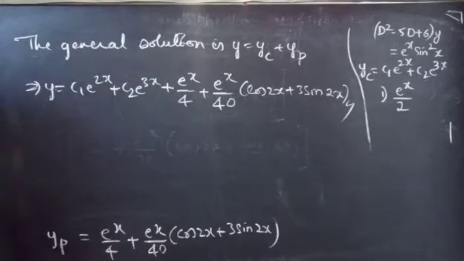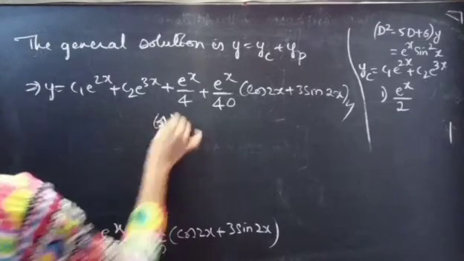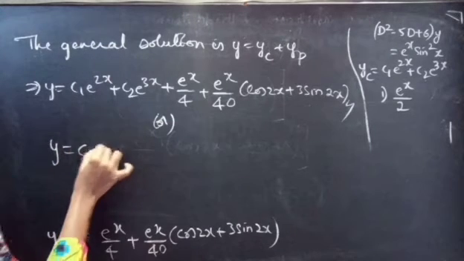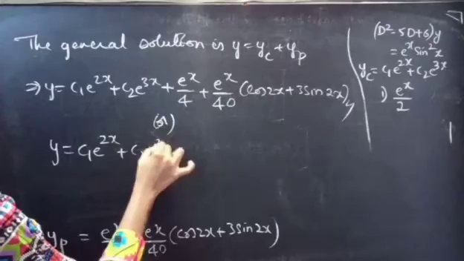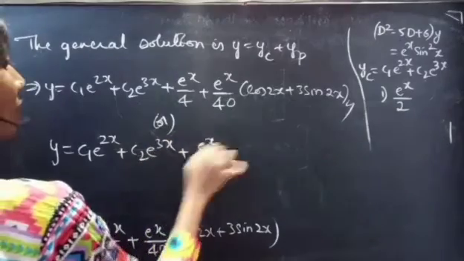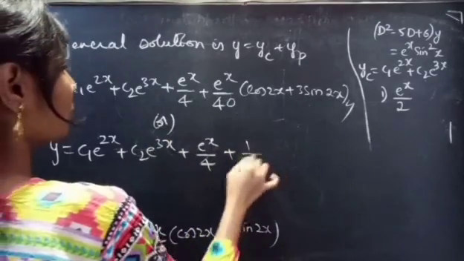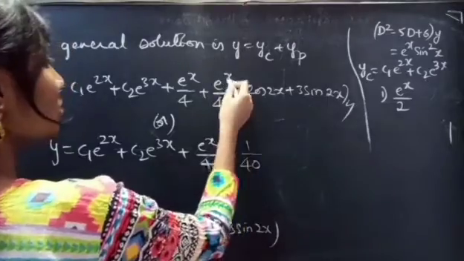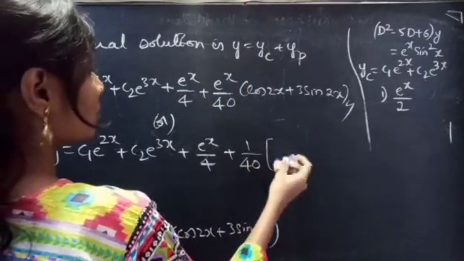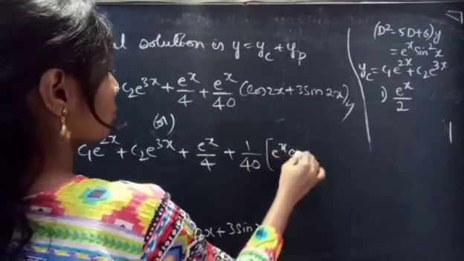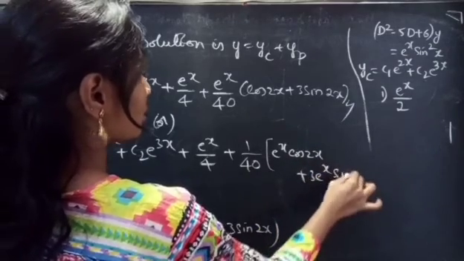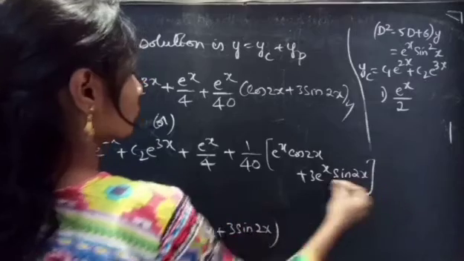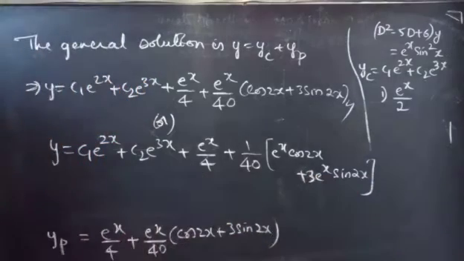This completes the problem. Or we can write it as y equals c1 e power 2x plus c2 e power 3x plus e power x by 4 plus 1 by 40 into, taking this e power x inside the brackets, e power x cos 2x plus 3 e power x sin 2x. Right?